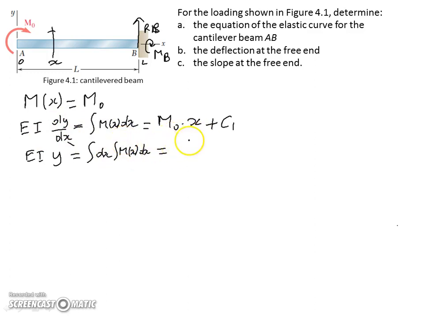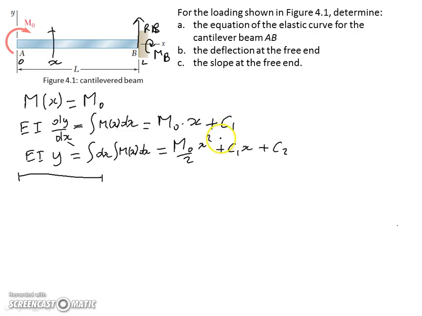So simple to integrate, and we end up with M0 x squared over 2 plus C1 x plus C2. So we have done stage 1, which is to express the function y(x). Second, that's not finished because we need to determine the integration constants.